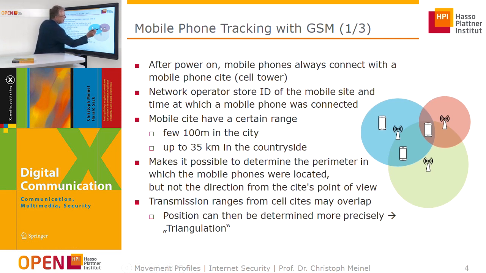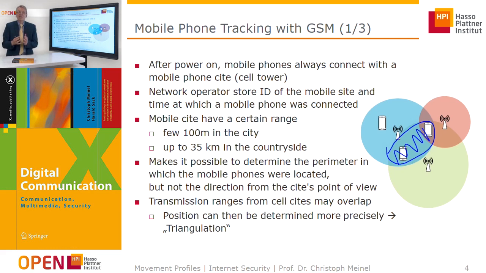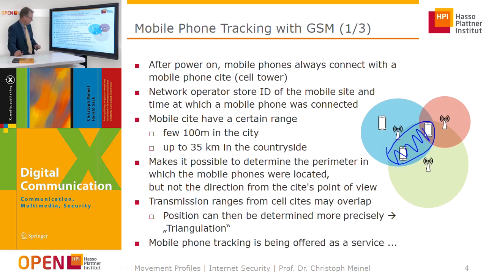If a mobile phone user can connect to this site and to that site, then one knows exactly that he is within that area. This area is much smaller than the circle around one of the sites, so the position can be determined more precisely. Here one speaks of triangulation.